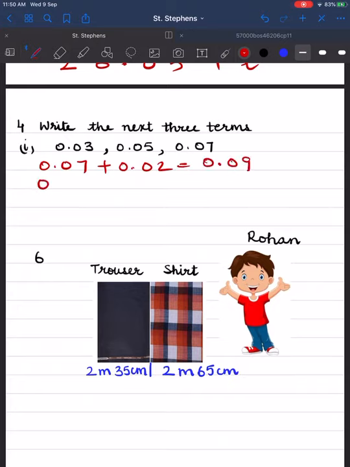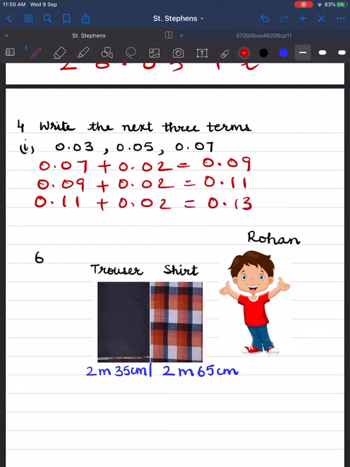Now in 0.09 we will add 0.02 and we get 0.11. And then in 0.11 we will add 0.02 and we get 0.13. So 0.09, 0.11 and 0.13 are the next 3 terms.